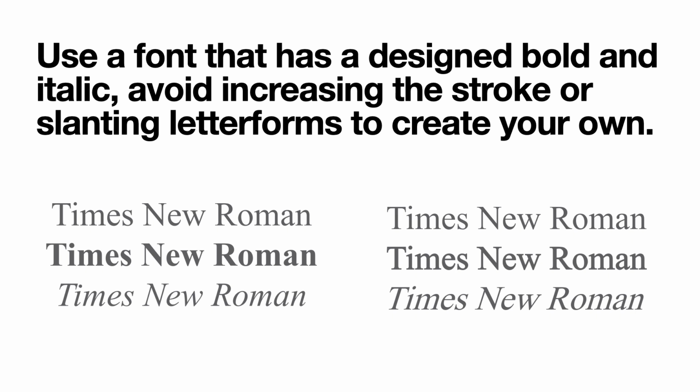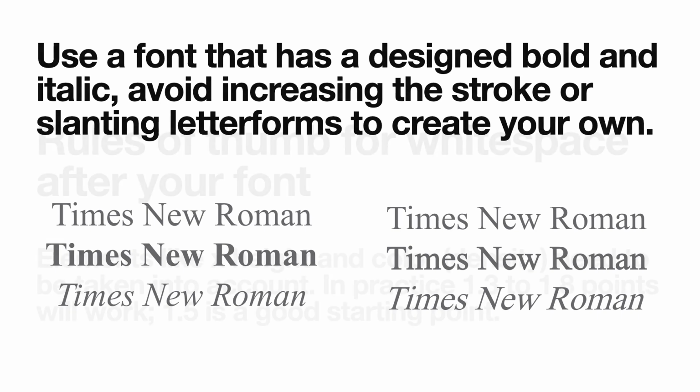And if you look also at the dot of the I, in the actual one on the left it is still a circle, whereas because I have shifted over the Times New Roman and basically tilted it, that dot is also shifted over, and it looks more like an oval, which also doesn't look very good. So whenever you get the chance, try to use the actual weights and italics that are created for the font family.